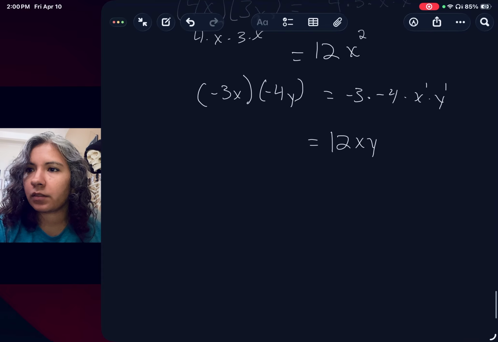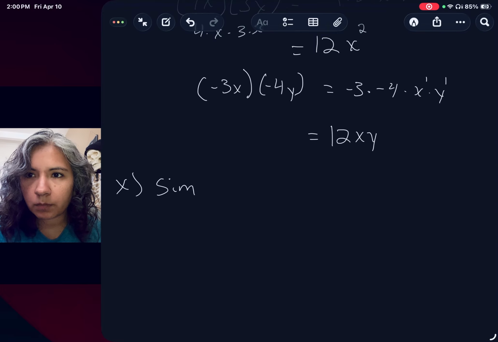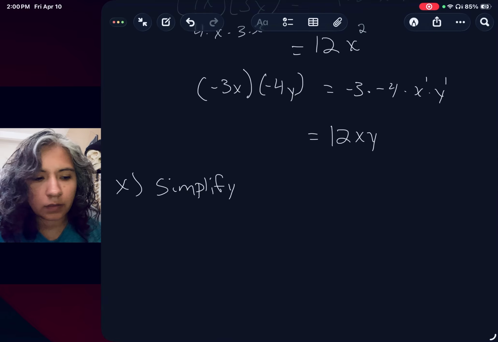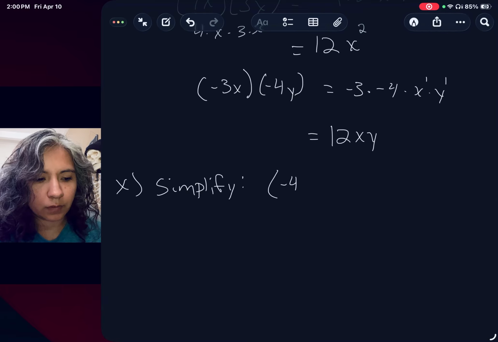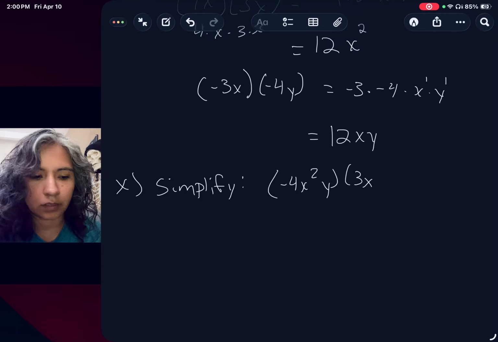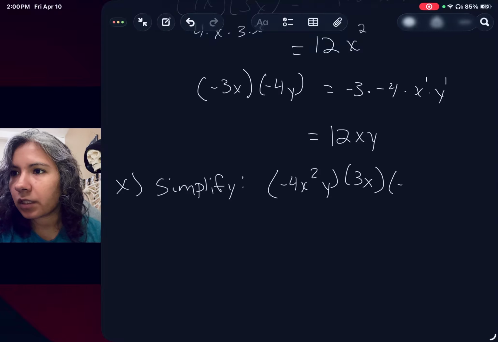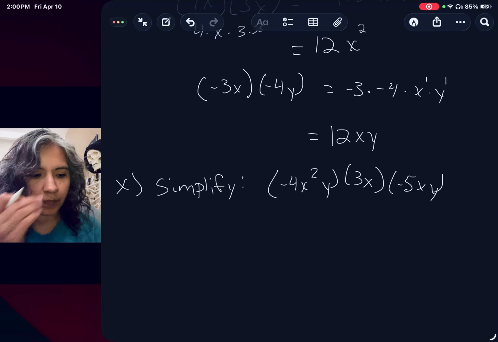So now let's do an example. Simplify: negative 4x squared y times 3x times negative 5xy.